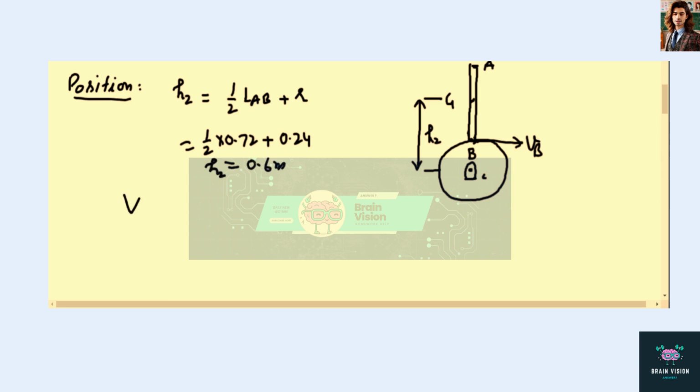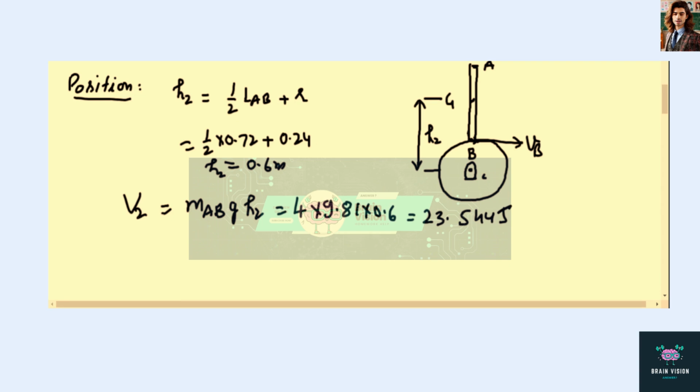So gravitational potential energy at this position will be mass of AB into g into H2. Mass of AB is 4 kg. Acceleration due to gravity 9.81 into 0.6, it will be 23.544 joules.